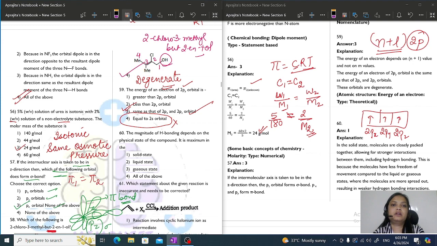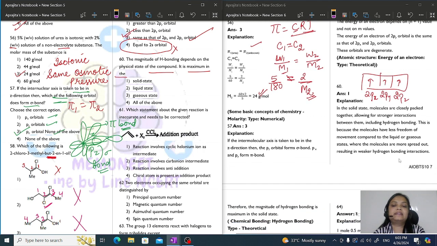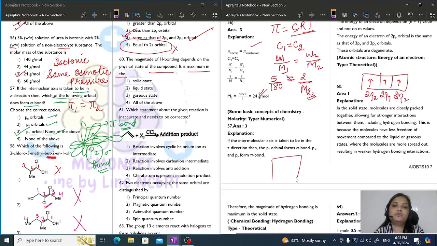Third one. Next, the magnitude of hydrogen bonding depends on the physical state of the compound. It is maximum in the solid, liquid or gaseous state. So we know that in the solid state the molecules are closely packed, right? Whatever molecules are there, they are closely packed, so there will be strong interaction between the molecules or atoms.